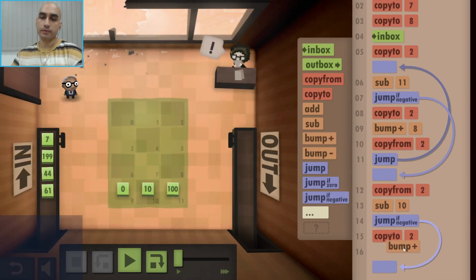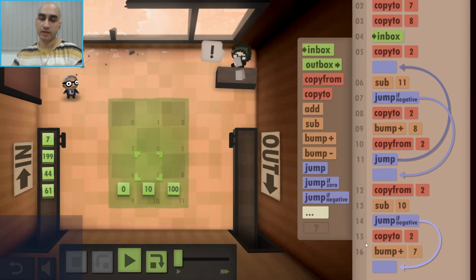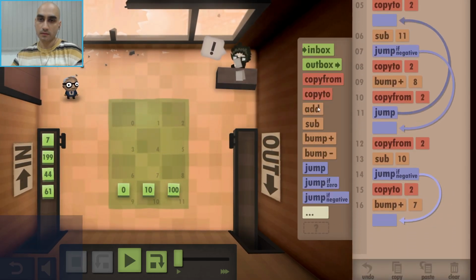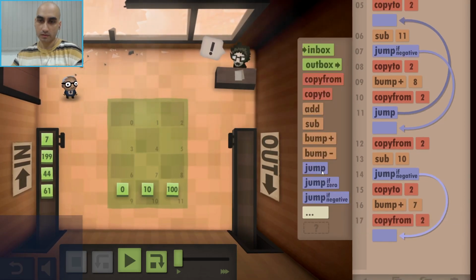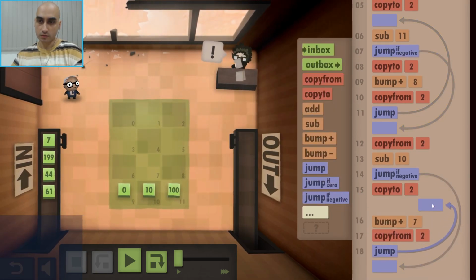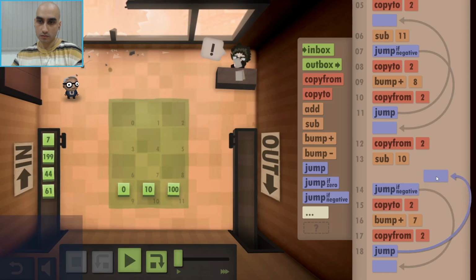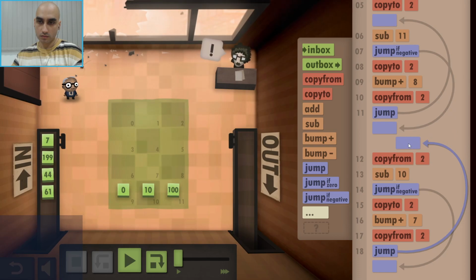We bump the number of 10s. And then we pick up our number, jump back to start.